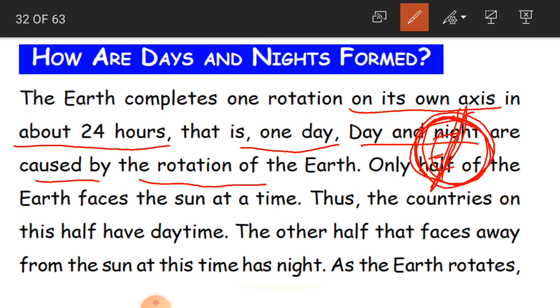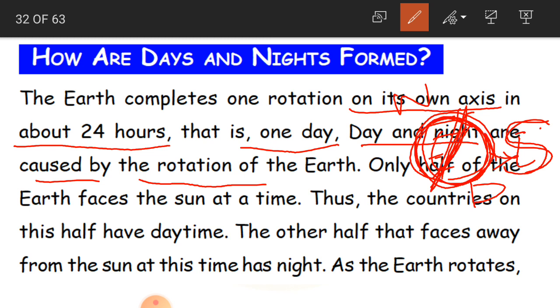Okay, so in this 24 hours, what happens? The part of the earth that is exposed to the sun, that part will be having the day and the other part will be having the night. Okay, children, again what happens?